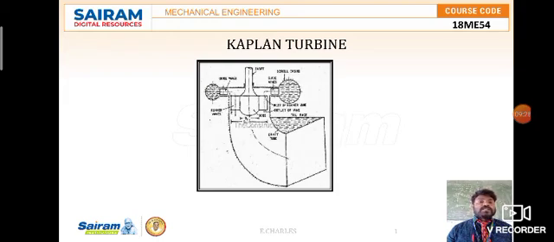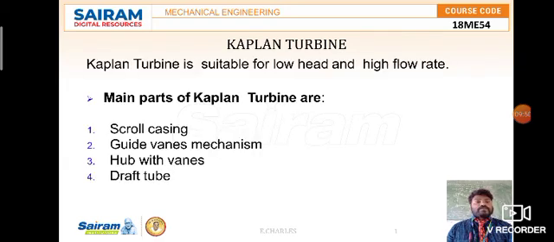So that is the axial flow turbine. Water leaves with the help of the draft tube to the tail race, where the remaining water will be collected.